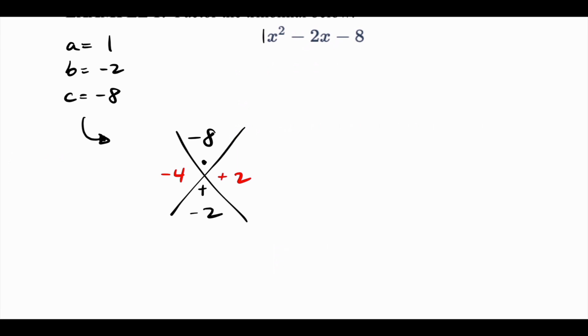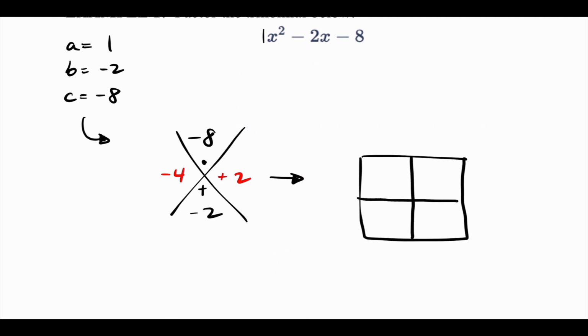Now what I'm going to do is build this thing. It's got 4 spots in it. It kind of looks like a window, but it's actually a table. It's got 4 sections. I'm going to fill this table in. So how to fill it in?